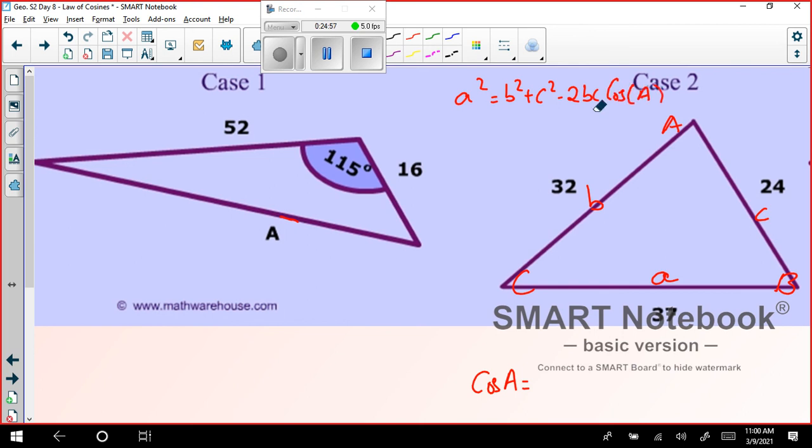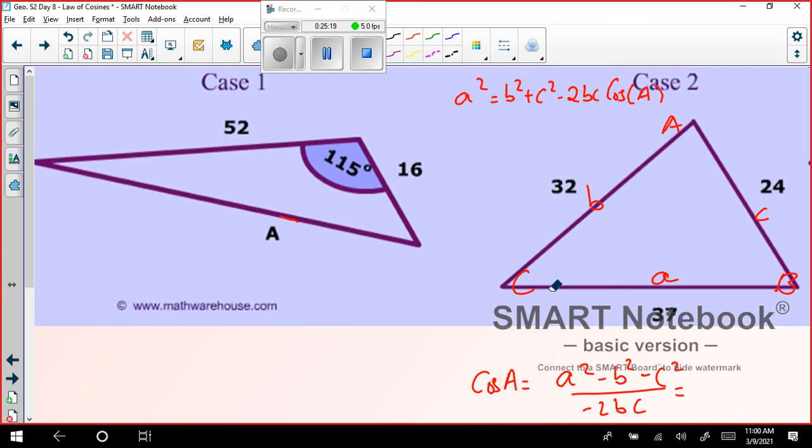You can remember any one of them and try to rearrange real quick. I usually remember this in my mind. So I can write cos A as a square minus b square minus c square over negative 2bc. Okay, this is what I have.